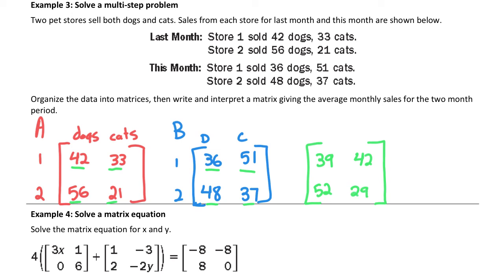Okay? So what this shows is, this 39 shows store 1 sold an average of 39 dogs and 42 cats. Store 2 sold an average of 52 dogs and 29 cats. So that's a way to organize information, organize values. That's what we use matrices for.